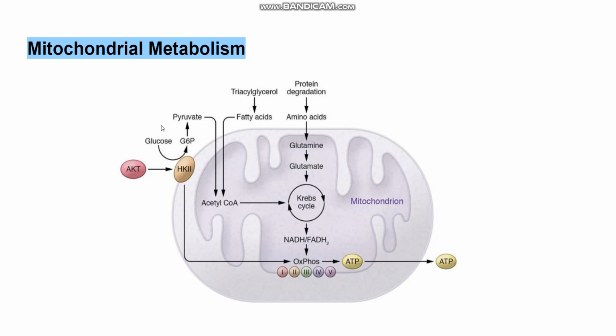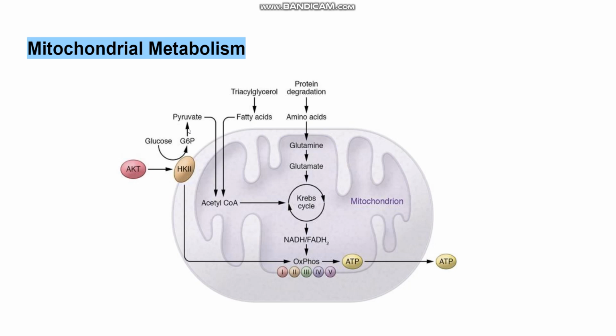So glucose is taken up by the cell through glucose transporters in the cell membrane, and inside the cell, glucose is then converted to glucose 6-phosphate, G6P, by the enzyme hexokinase. So glucose is converted to this, and then this is metabolized through glycolysis to pyruvate in the cytoplasm.